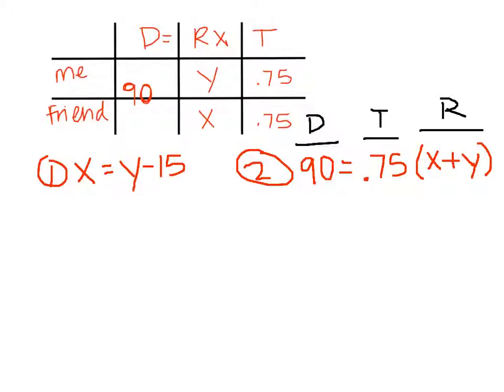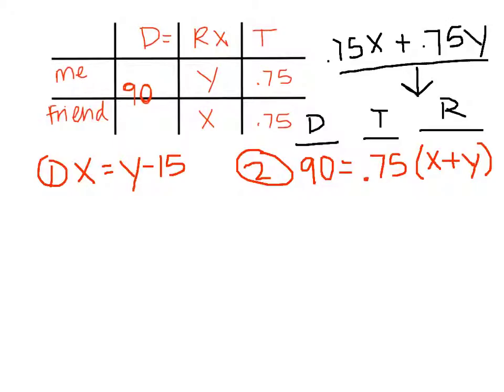So we could have written it 0.75x plus 0.75y, because this is our two distances added together. So it's going to equal our two rate times time added together. We just simplified, or factored, that to this.